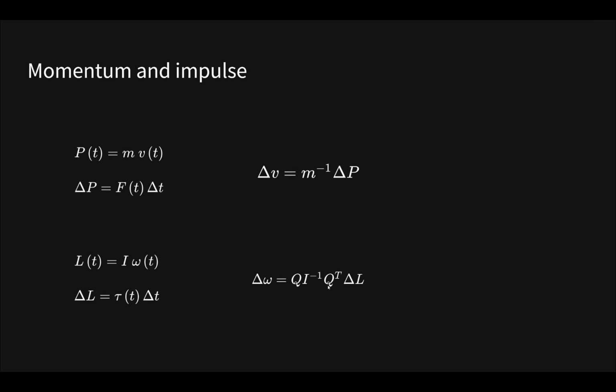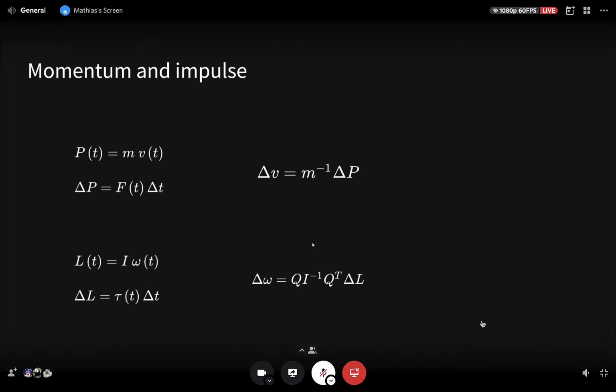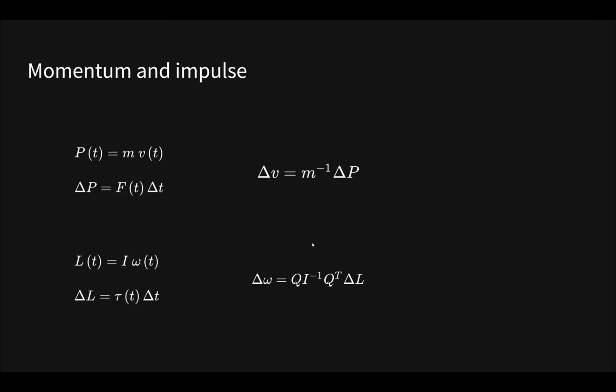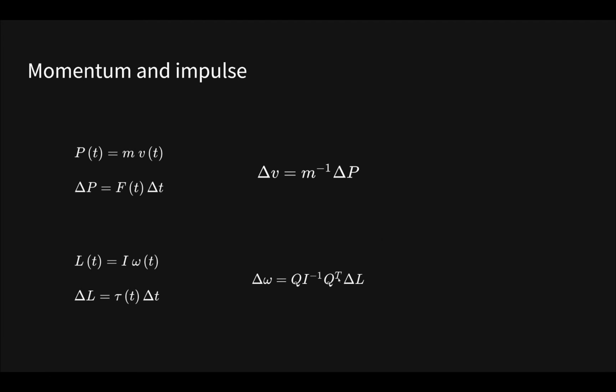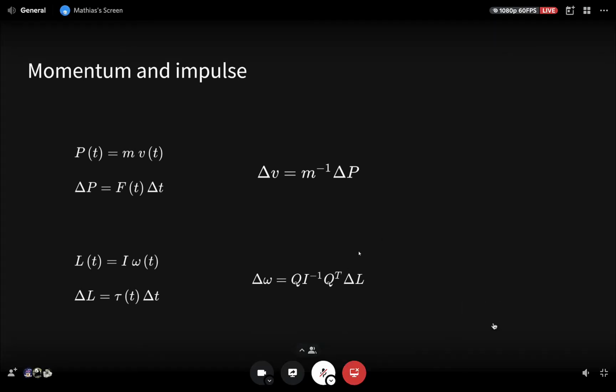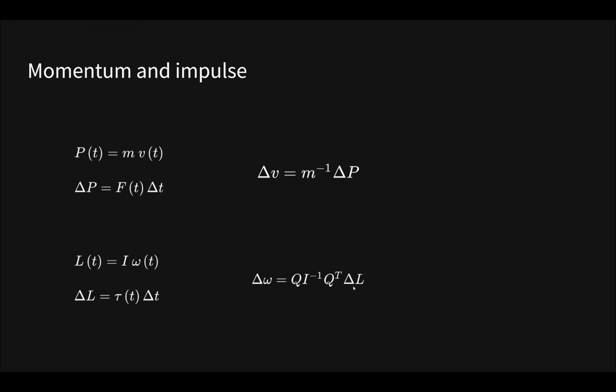So this operation here transforms the inertia tensor into the global space, or world space, by multiplying it by the rotation matrix of the object. Probably worth commenting that Q transpose is the inverse. Yeah, that transposes. And finally, we multiply by the change in angular momentum, and that gives us a change in angular velocity.